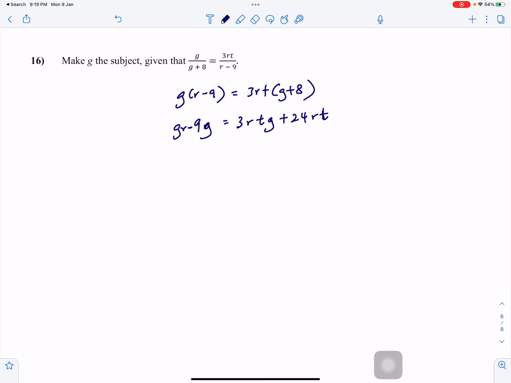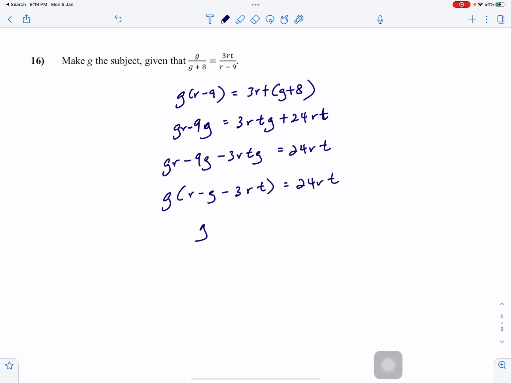Okay, so make G the subject. Making G the subject, I bring all the G to one side. And there you go. That's question number 16.